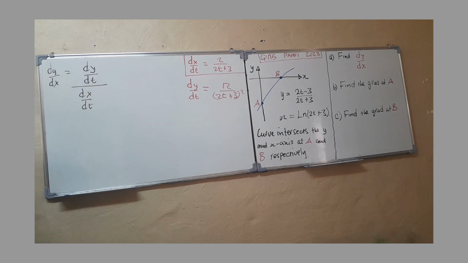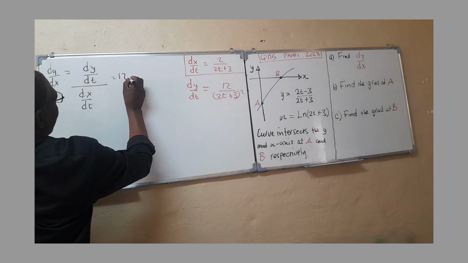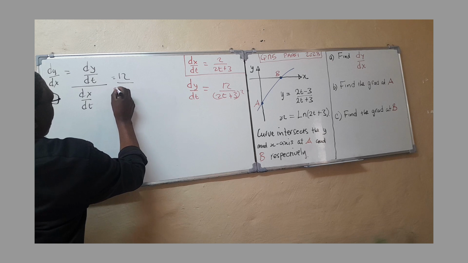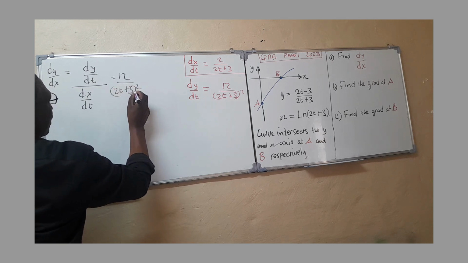Plugging in those values, we have dy/dx, of course, is 12 divided by 2t plus 3 all squared.